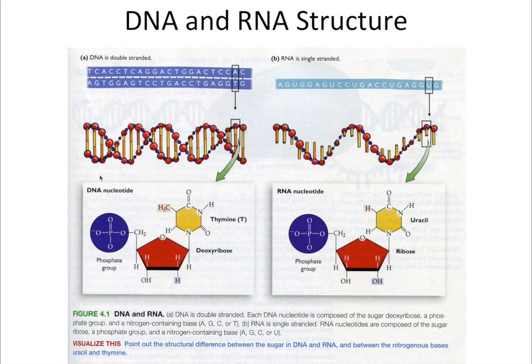So, we've all heard of the double helix. That's what you see in this image here. You basically see two DNA strands that are wrapped around each other to form this helical structure. And what you'll notice here is that each strand along its backbone has these blue things, which are the phosphate groups.